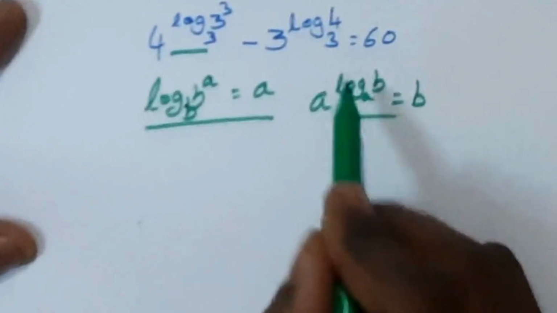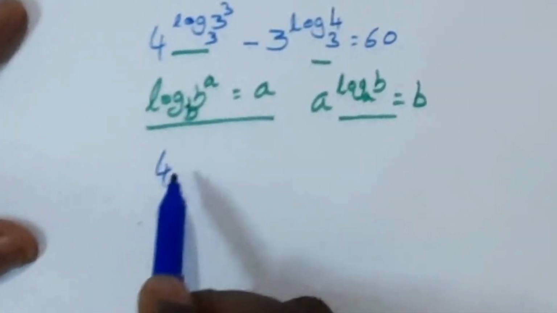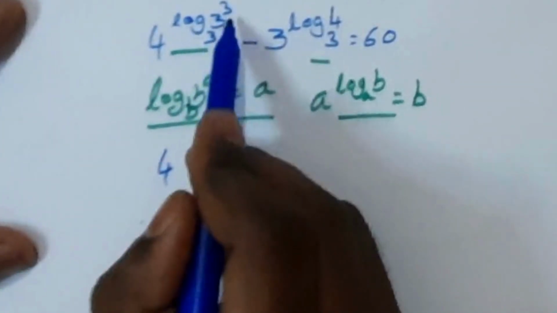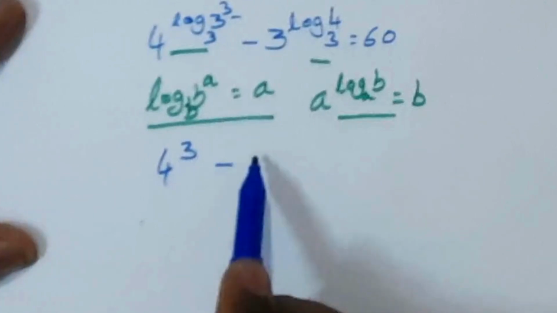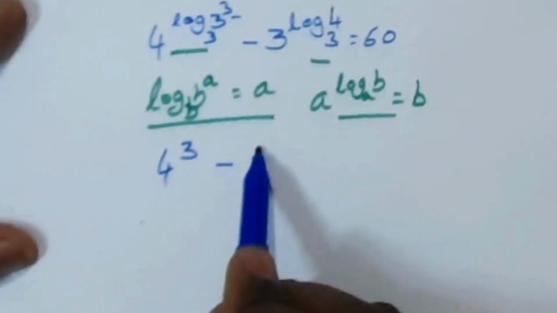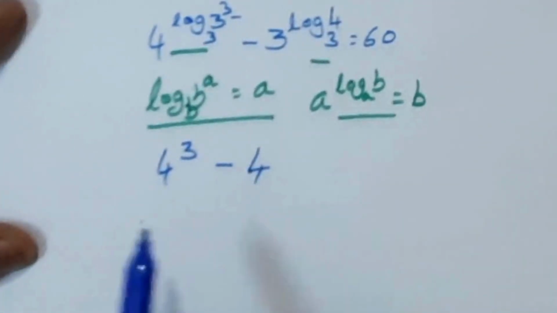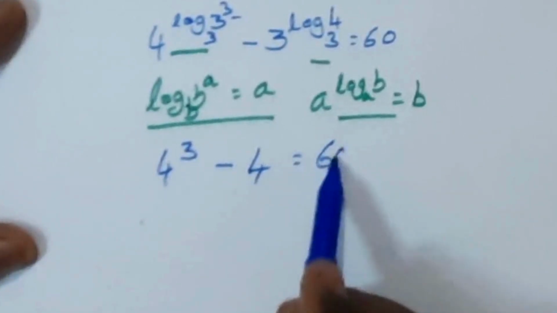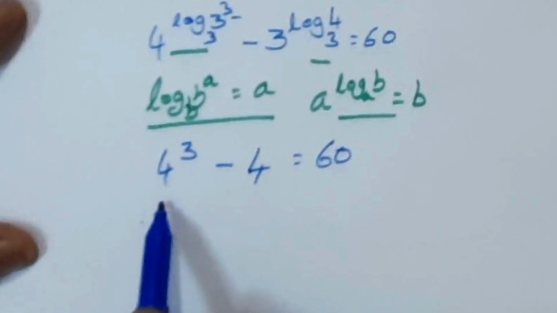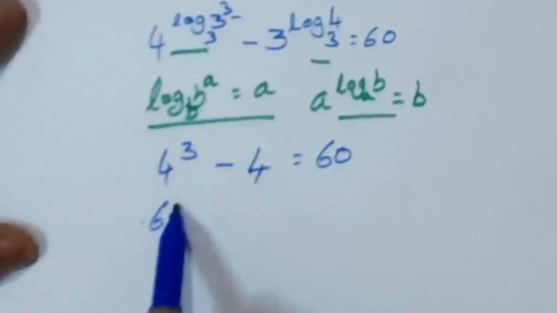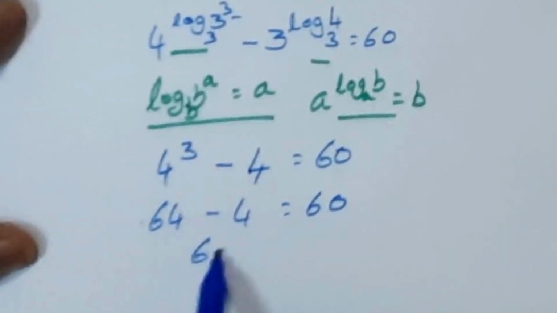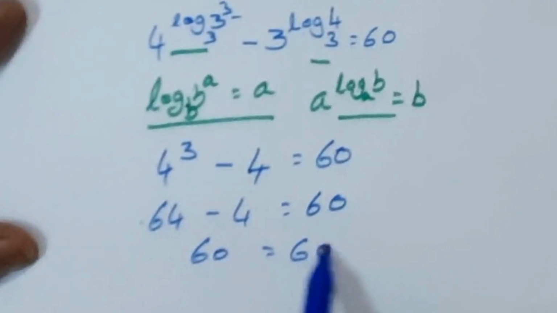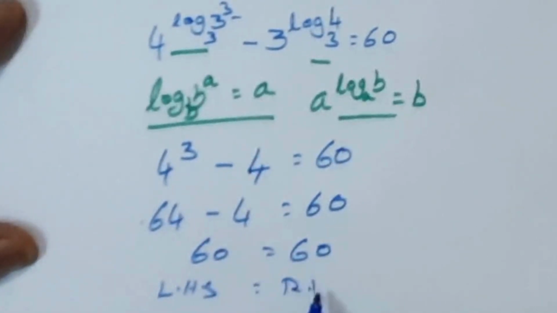We are going to apply this formula here. 4 to the power of a here will be 3. 3 minus this value will be 4. So equal to 60. Now 4 to the power of 3 is 64 minus 4 equal to 60. So 60 equal to 60. LHS equal to RHS.